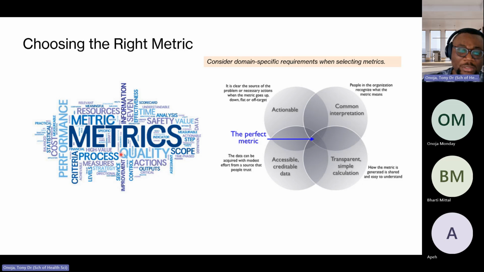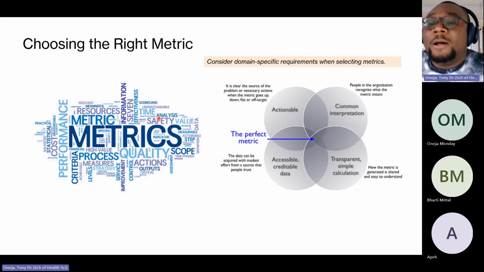You could see so many words are popping out here: high level, strategy, improvement, information, effectiveness, time, understandable scorecard. So many words were popping out.